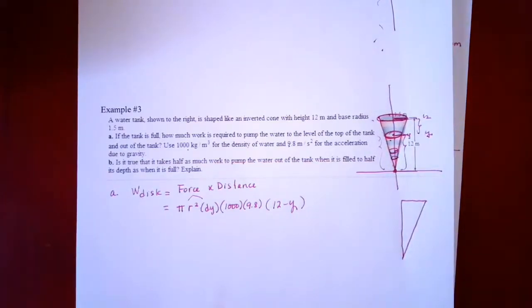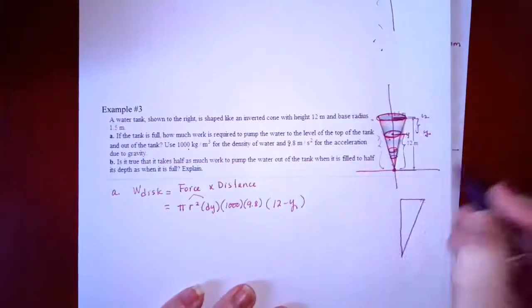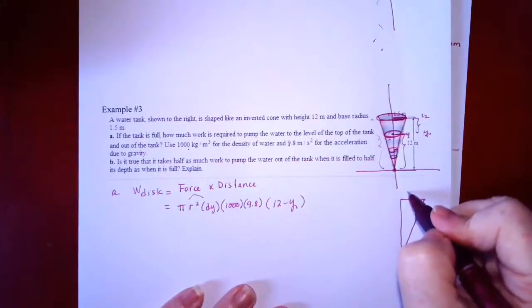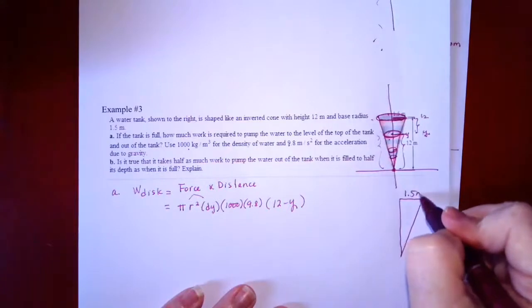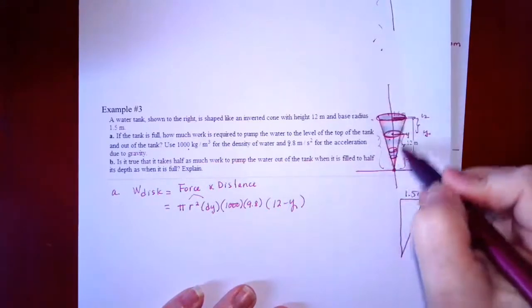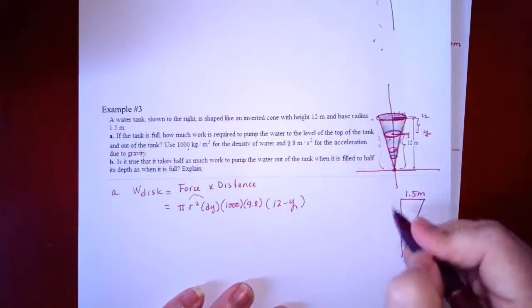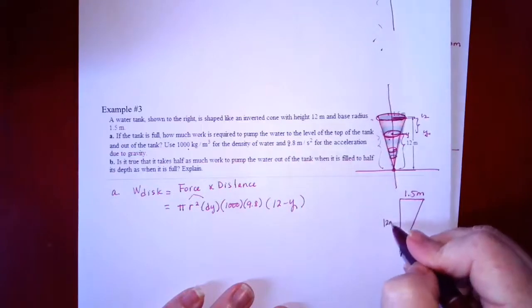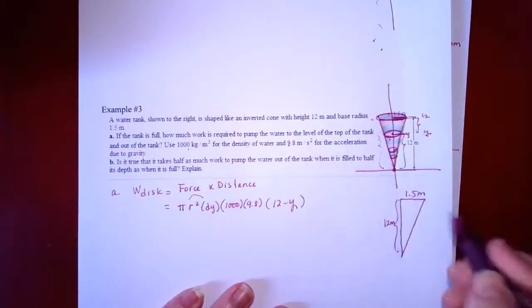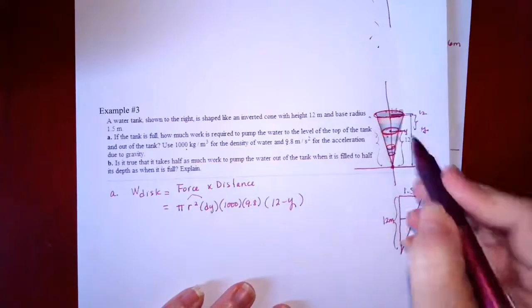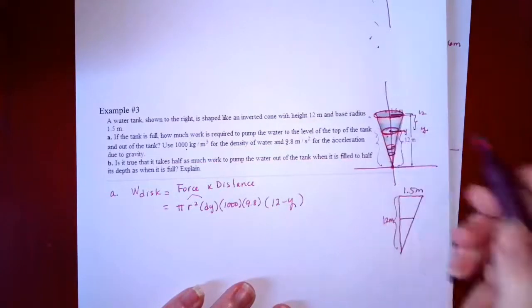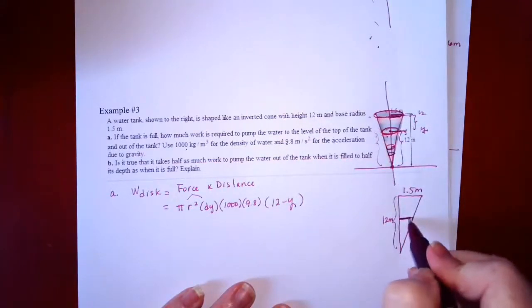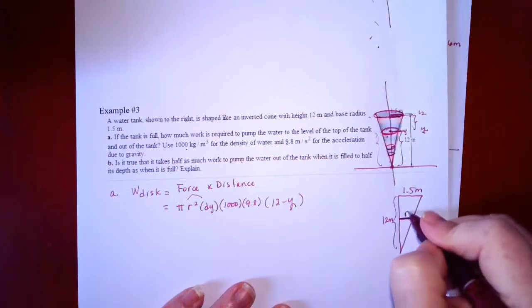Right, exactly. All right, so this is, what did we say, 1.5 meters. So I'm just taking a little snapshot of this right triangle right here. This is 12 meters, for this whole side right here. The radius of my little disc that's right here, I'm going to call that distance r.